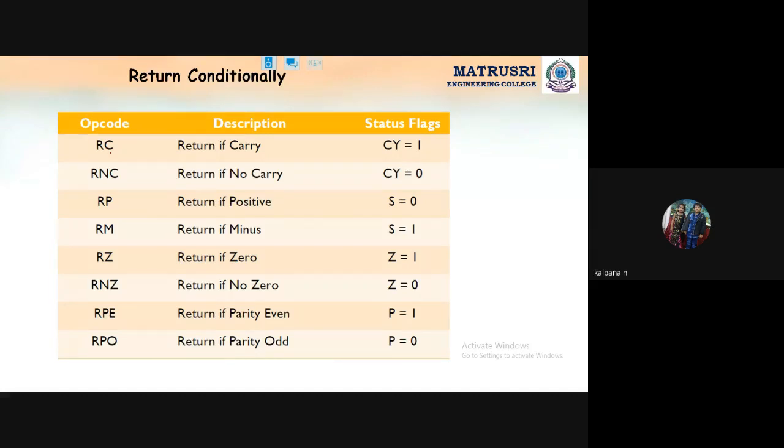If we use only mnemonics in the instruction, those instructions are called implicit instructions, as I already said. Implicit instructions mean only the opcode will be present. So RET, RC, RNC, RP, RM, RZ, RNZ, RPE, RPO are all opcodes only.